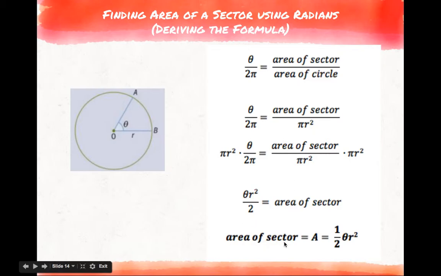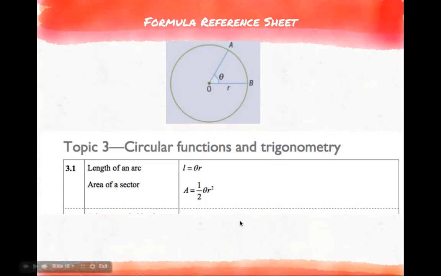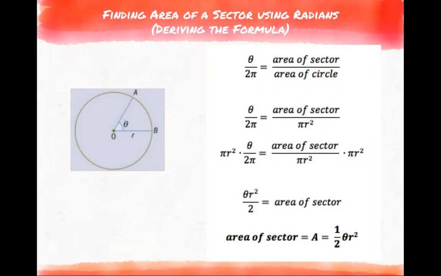So area of a sector, they use the letter capital A, is equal to a half of theta times r squared. This is the same thing as saying theta times r squared divided by 2. This is what they have in your formula reference sheet. So here I showed you how they got that area of a sector formula.